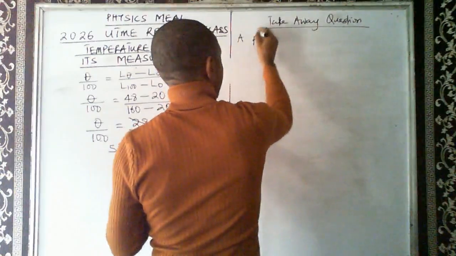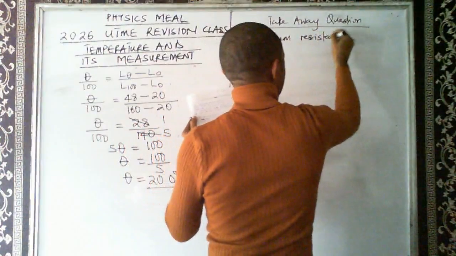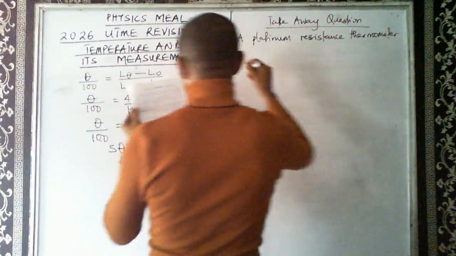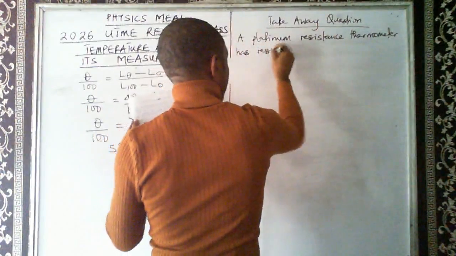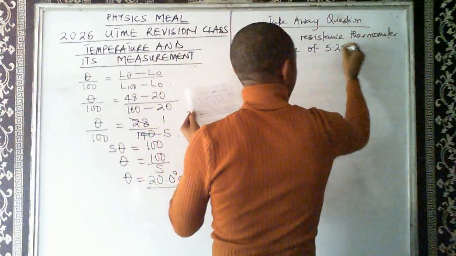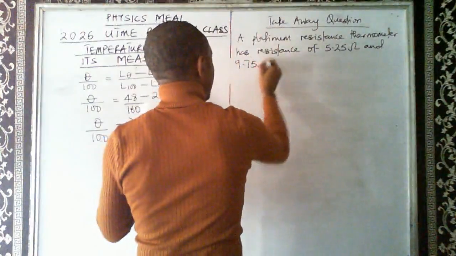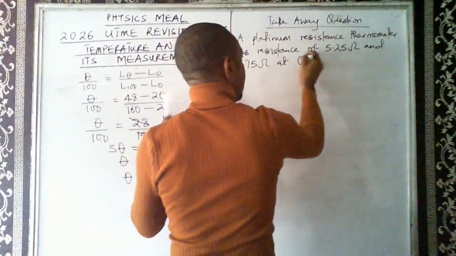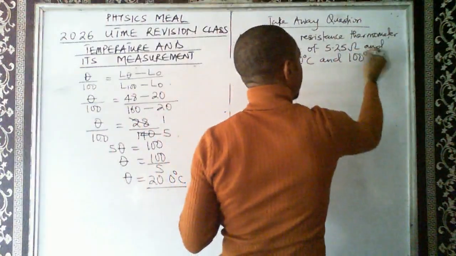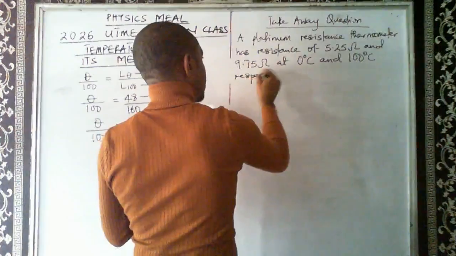A platinum resistance thermometer has resistance of 5.25 ohms and 9.75 ohms at 0 degrees. You remember that 0 degrees is the lower fixed point, you have to remember that. And 100 degrees Celsius, remember that is the upper fixed point, respectively.